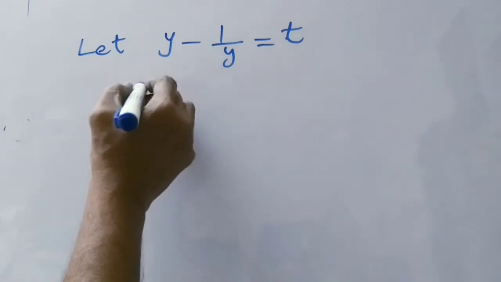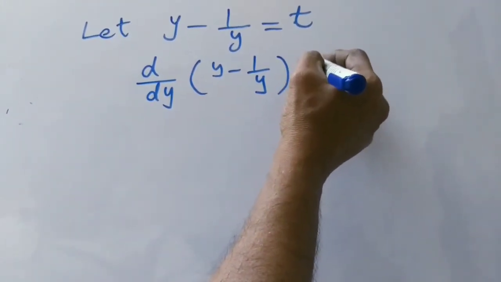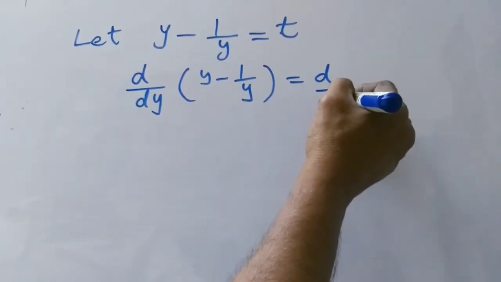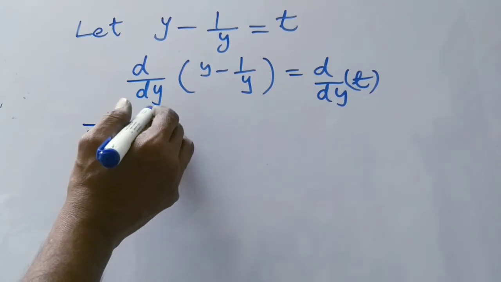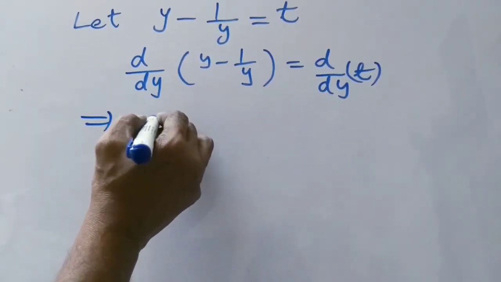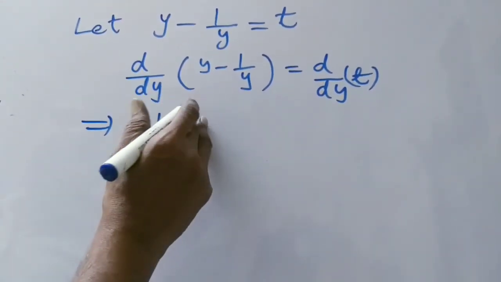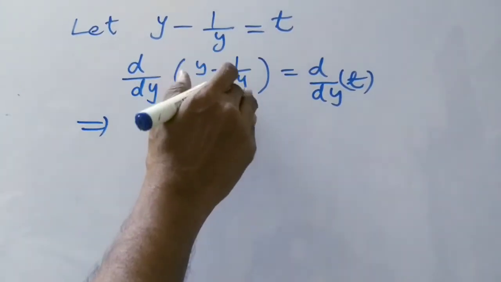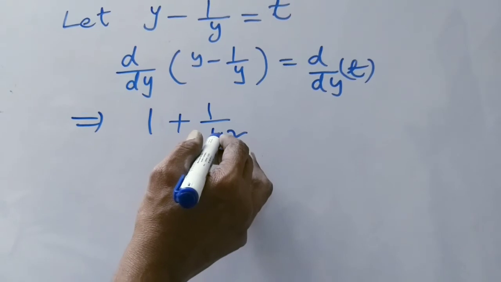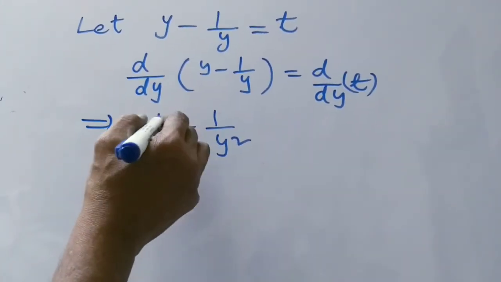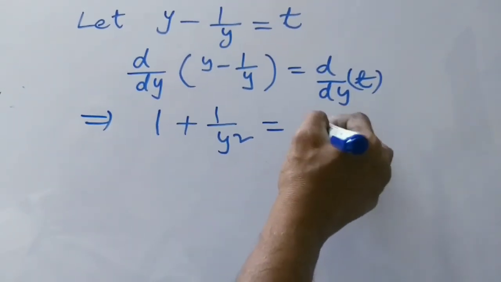Differentiate it with respect to y on both sides. d by dy of y minus 1 by y equals dt by dy. The differentiation of y becomes 1, minus the differentiation of 1 by y, which is minus 1 by y square. So minus into minus gives plus, and 1 plus 1 by y square equals dt by dy.